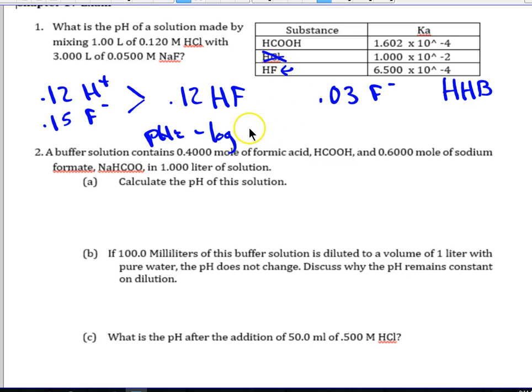So we take the negative log of 6.5 times 10 to the negative 4, plus the log of B, which is this one, 0.03, over A, which is the one that's the acid. And there you go. And you end up with 3.59.